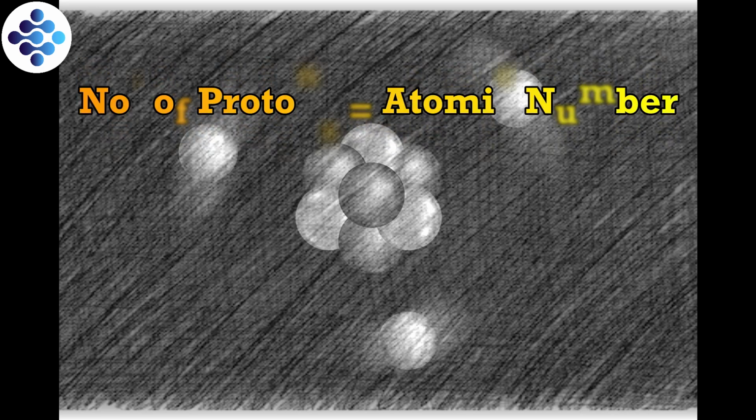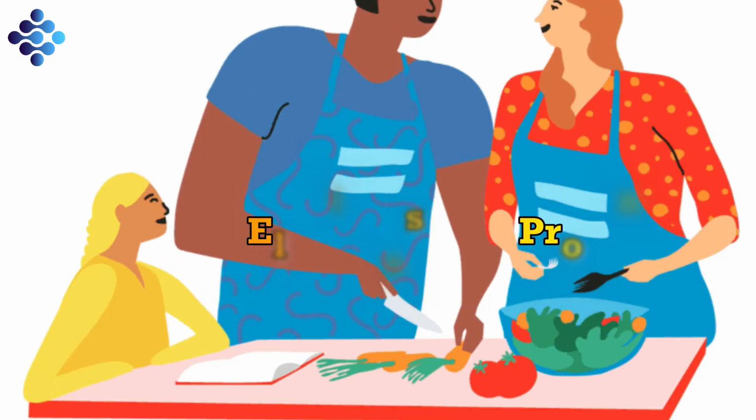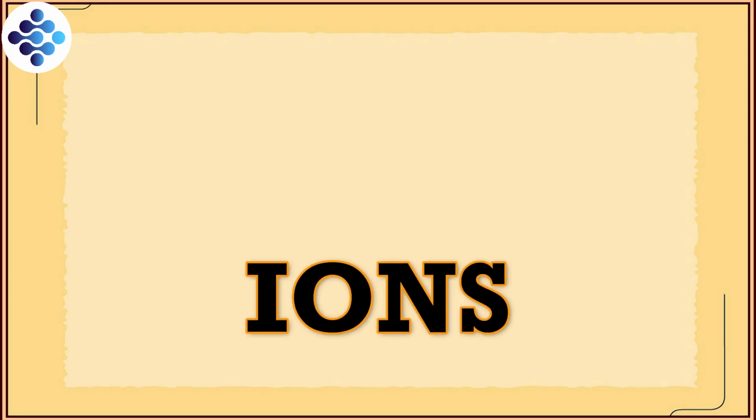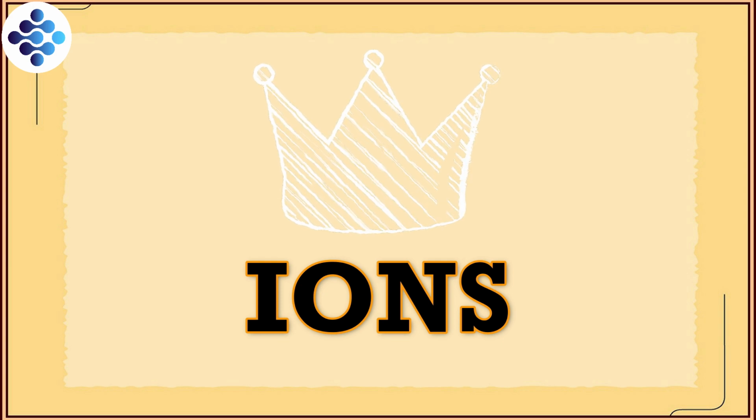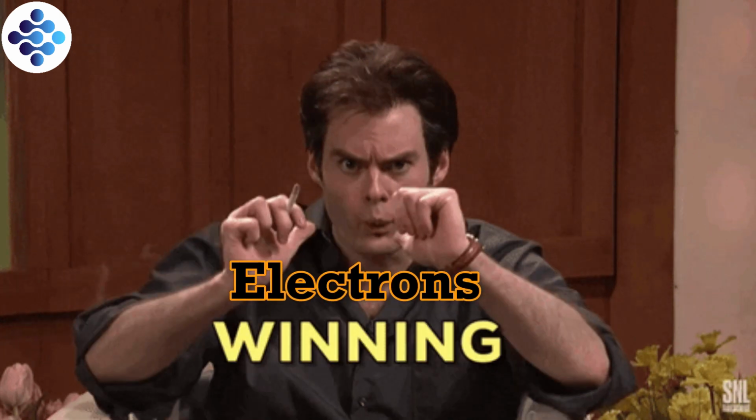So the number of protons determines the atomic number of the element. A stable element is one which has an equal number of electrons and protons. And when we talk about ions, it means they either lose or gain electrons to get some charge.